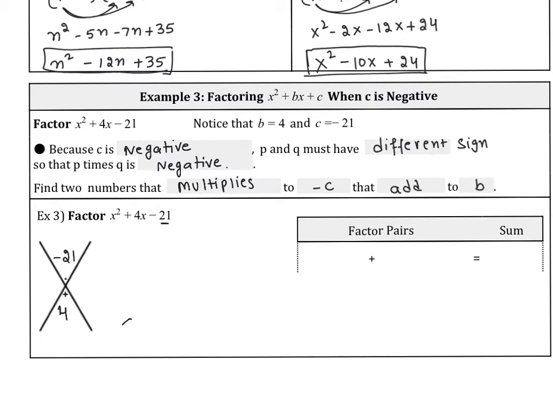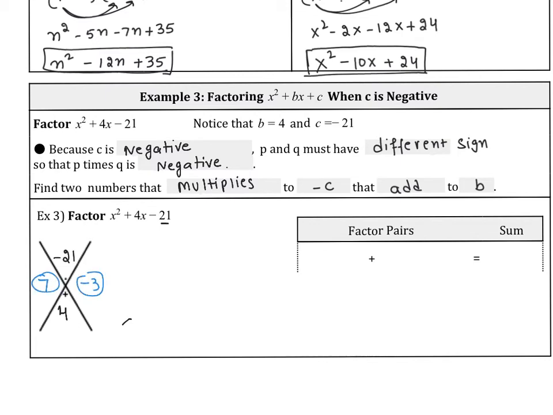The numbers that you're looking for are, when you multiply you get negative 21, and when you add or subtract them you get 4, and those numbers can be 7 times negative 3.